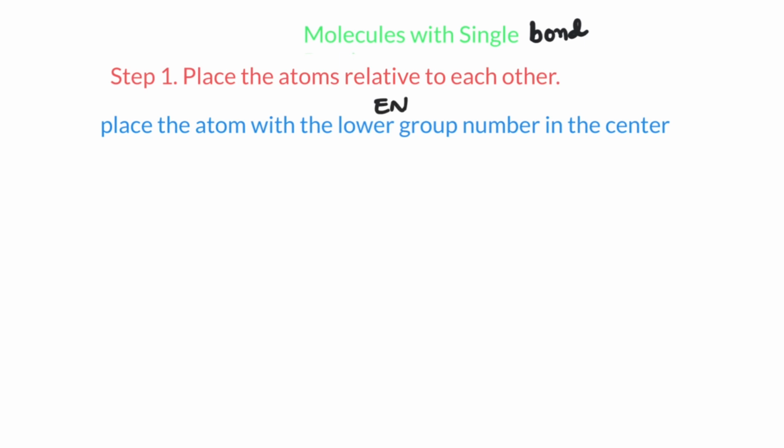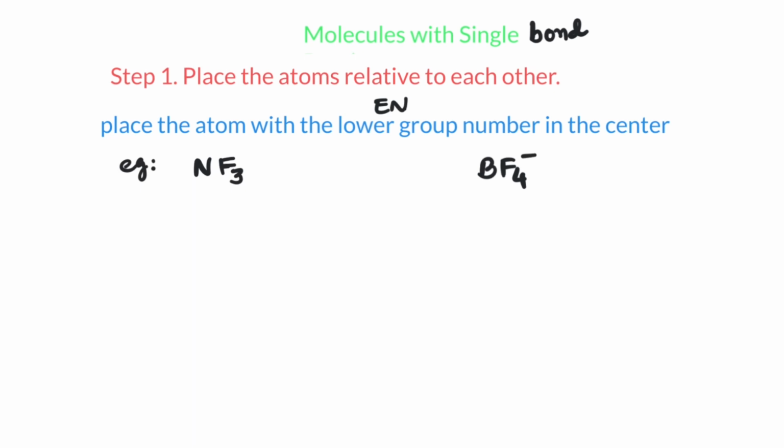For example, carbon, nitrogen, oxygen, fluorine. Carbon is the lowest in electronegativity. Nitrogen is lower in electronegativity compared with oxygen and fluorine. So now I am taking one example, NF3. Another example is BF4 minus.